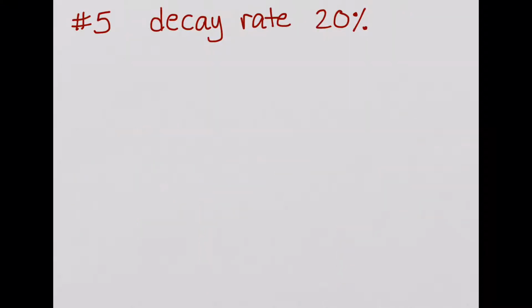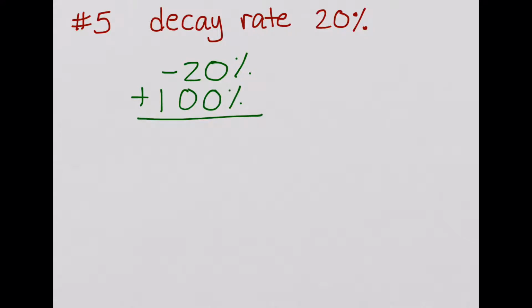Lastly, I just want to review for number 5, how do you turn a decay rate into a decay factor? If our decay rate is 20%, we have talked about how we should think of that as a negative 20%, because I'm losing 20%. And then I'm going to do the same steps that I had done turning a growth rate into a growth factor.